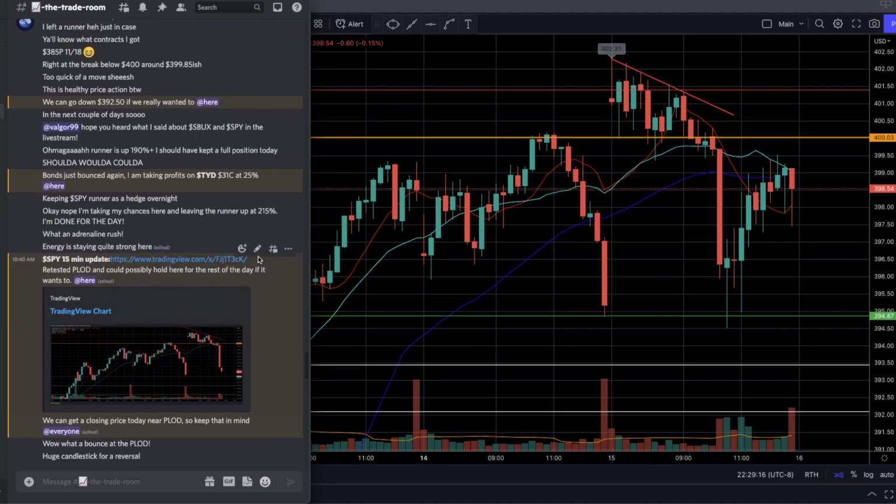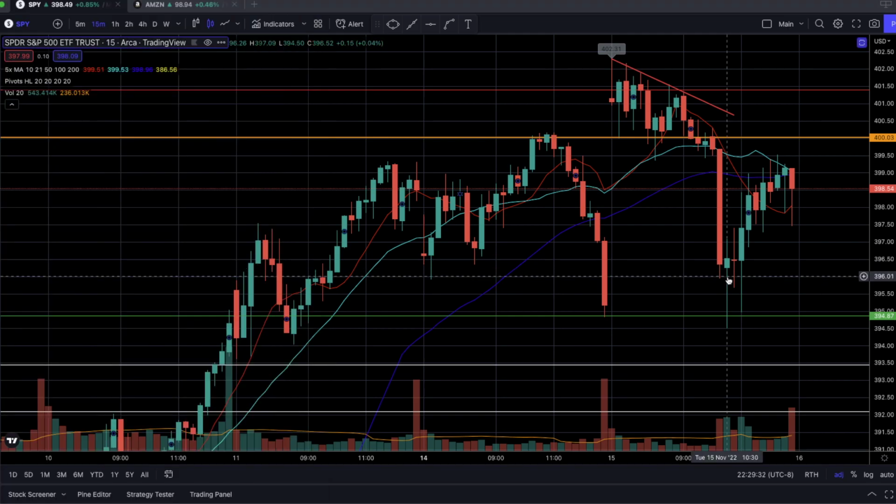And ultimately, this is exactly what we did. We retested the previous low of the day and we held it and then we bounced. And I ended up with 215% as I saw us going down and down and down, and I got out around this area right over here.